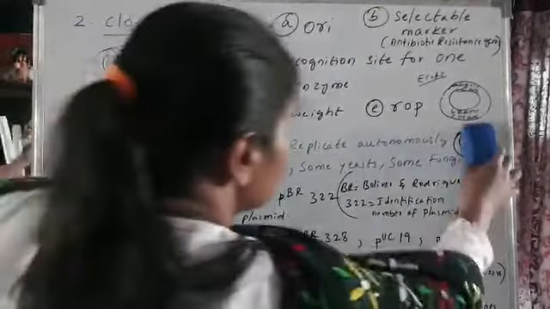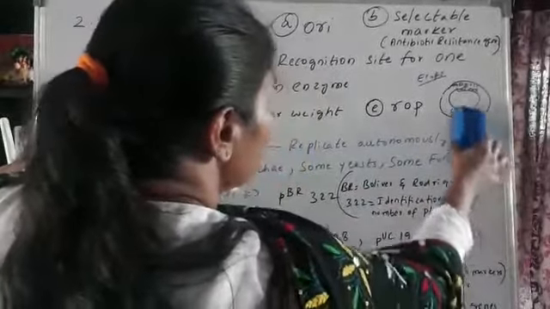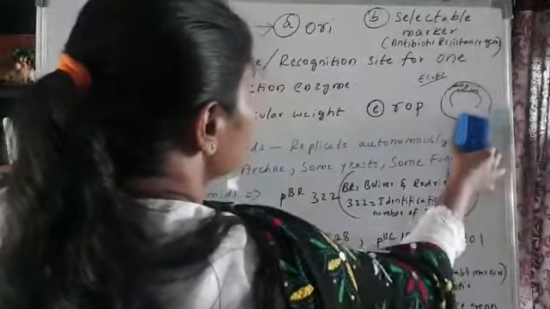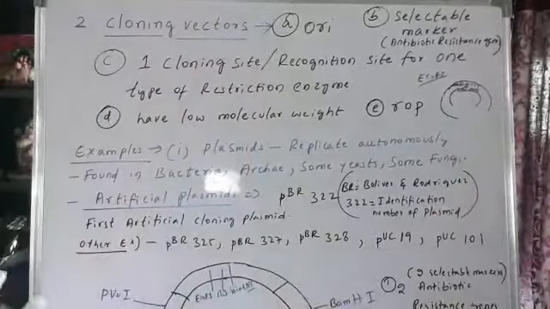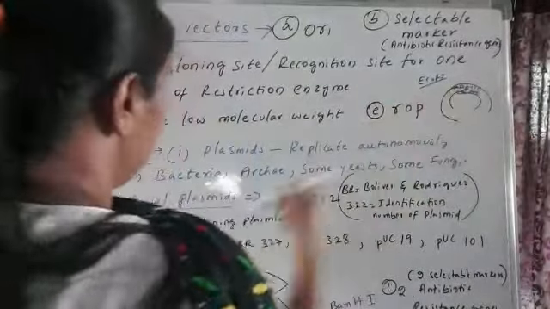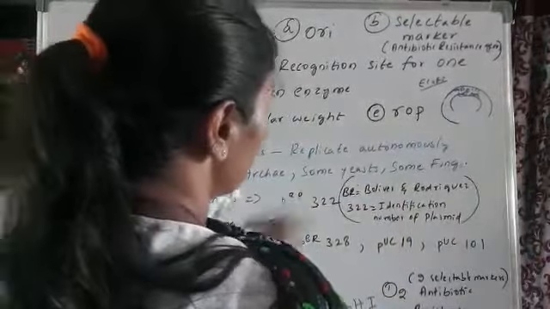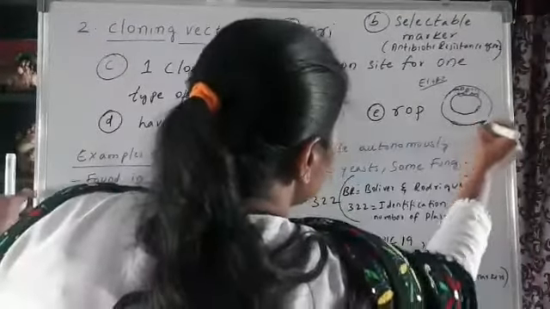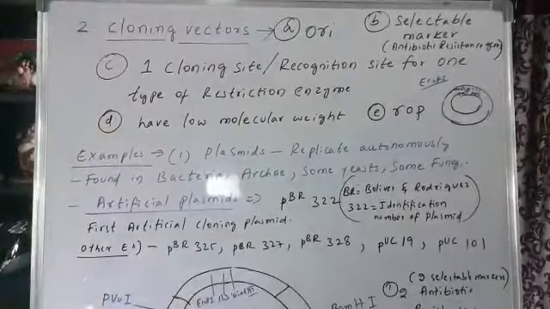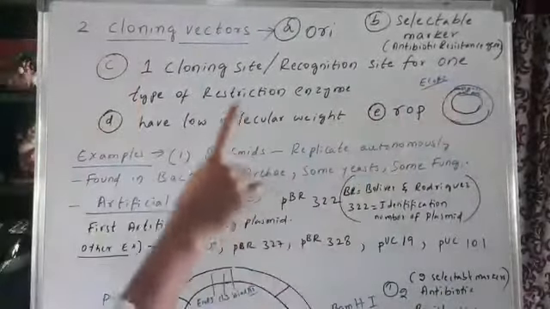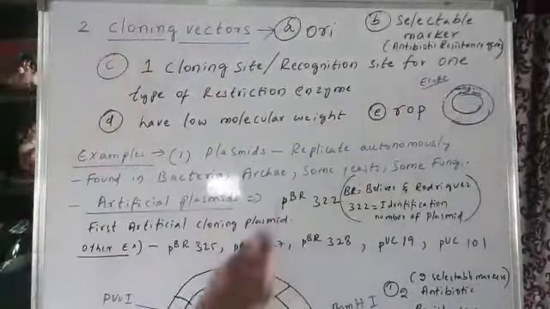That is the reason why for one restriction endonuclease, there should be one recognition site. For EcoR1, there should be one restriction site.